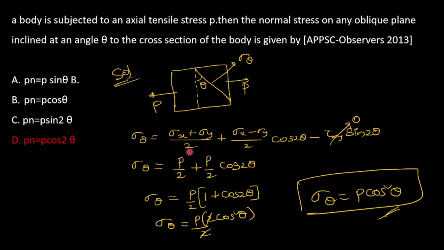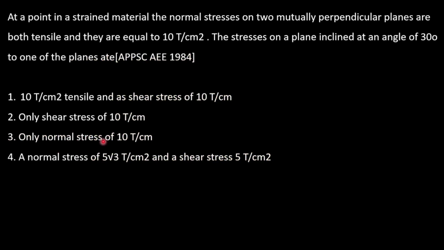We know that formula, and there is no shear stress, it is 0. If you apply the trigonometric formula, 1 plus cos 2 theta is equal to 2 cos square theta, then you will get sigma theta is equal to P cos square theta. So option D is the correct answer.